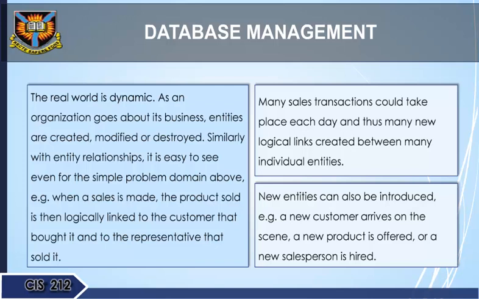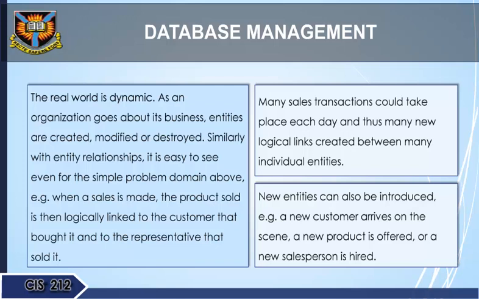Database management. The real world is dynamic. As an organization goes about its business, entities are created, modified, or destroyed. Similarly with relationships, it is easy to see this even for the simple problem domain above. For example, when a sale is made, the product sold is then logically linked to the customer that bought it and to the representative that sold it.